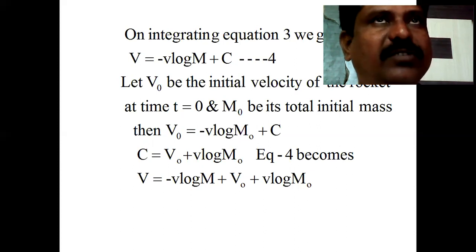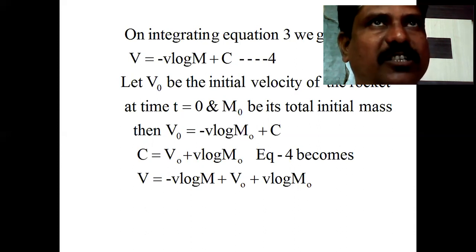Whatever the small v is, it is the velocity of the exhaust gas with respect to the rocket itself, but not with respect to the laboratory frame of reference.